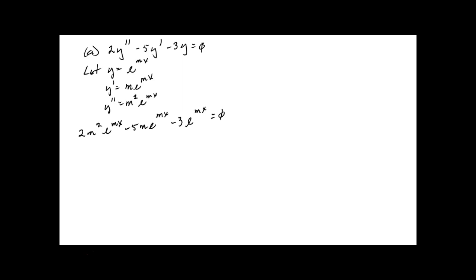Okay? Now notice e to the mx is common to every term. Right? And guess what? That's never 0. So you can divide it out, with sound effects. Okay? Now, what do you have left? 2m squared minus 5m minus 3 equals 0.